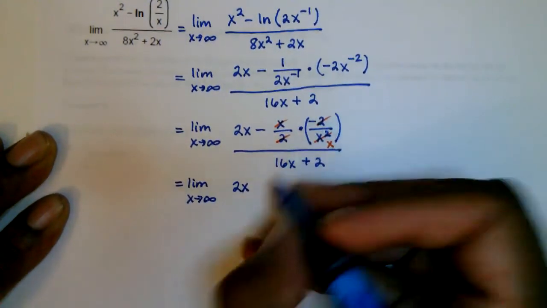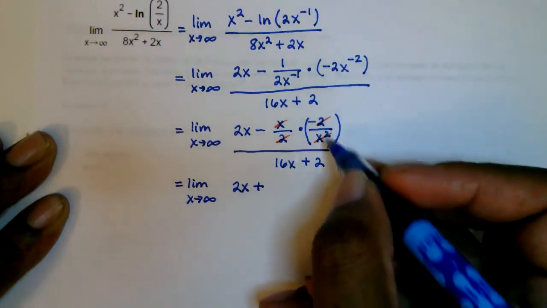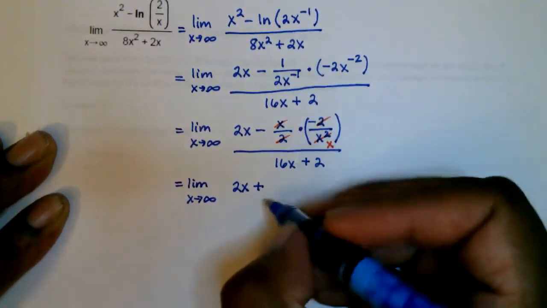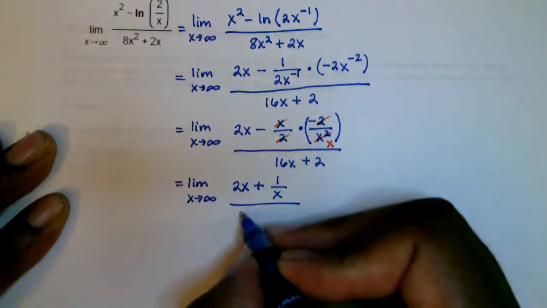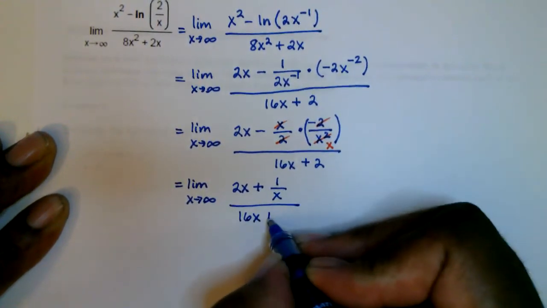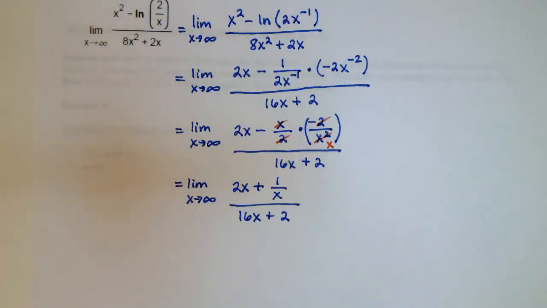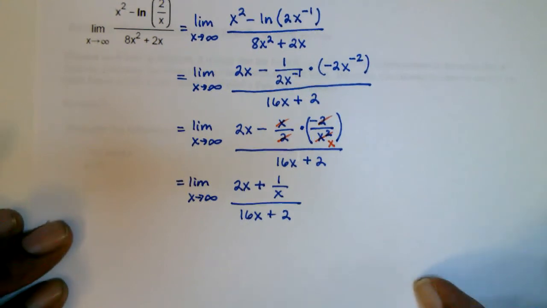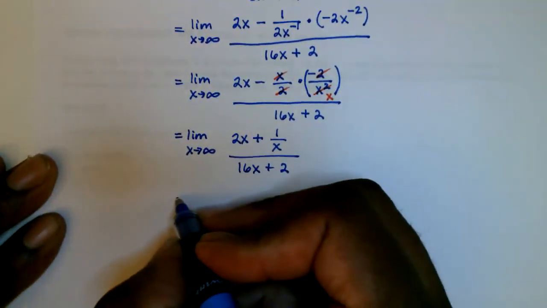A minus a negative makes that a plus. And I will have, in this case, an x in the denominator. So I'm going to have a 1 over x here, over 16x plus 2.